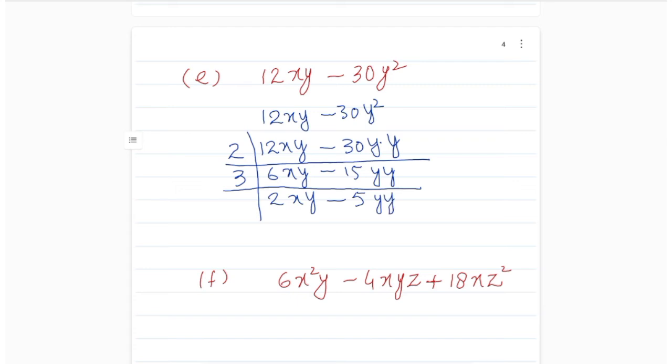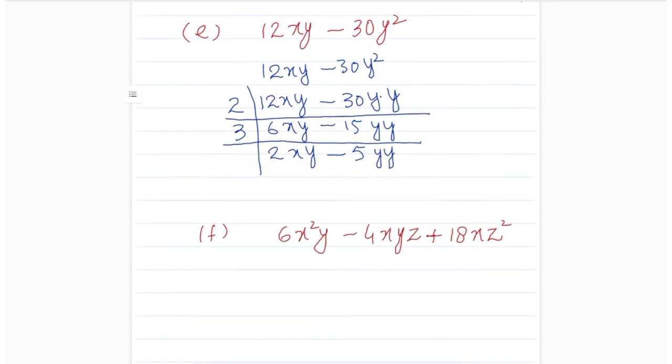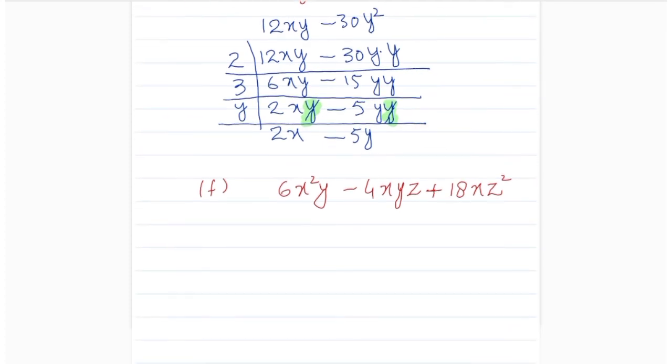Now, no more common divisor except there is a variable. You can see here the variable y is common in both of them. So it means if we'll be dividing by y, it can also be taken as common. So we'll be dividing by y. So it gives us 2x, y cancels, minus 5y, second y cancels, no more common number and no more common variable.